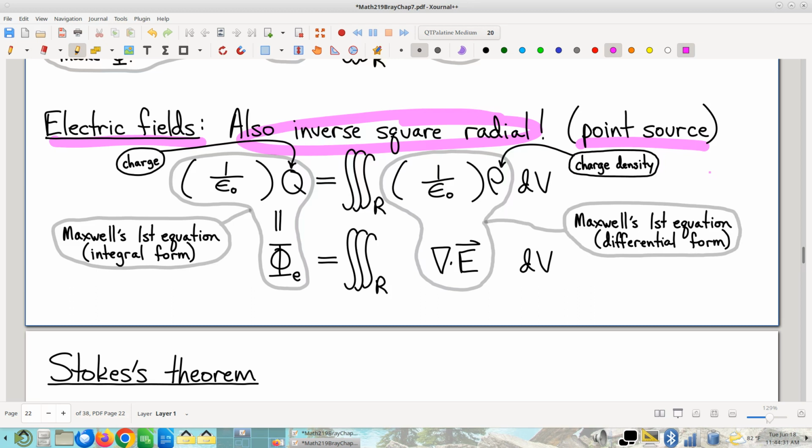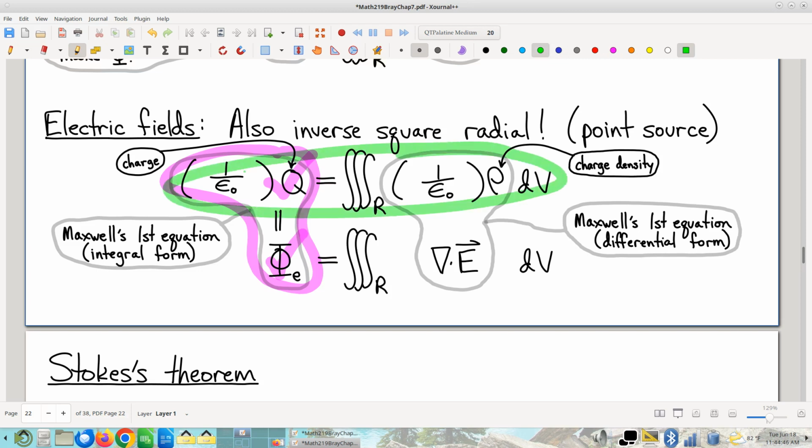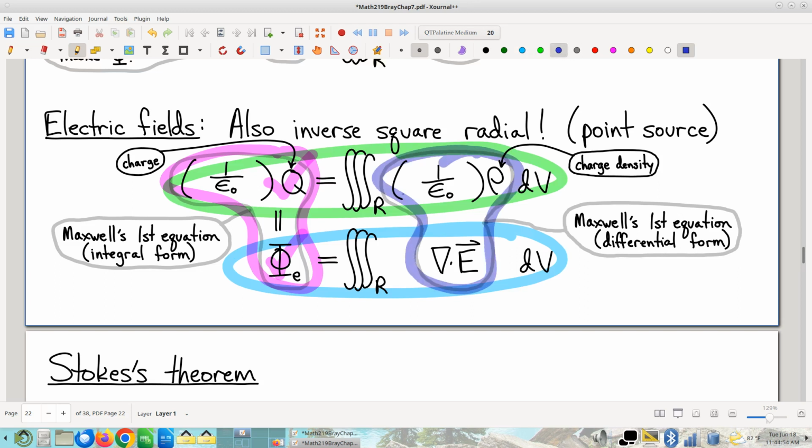But anyway, you can imagine electric fields as kind of representing a flow of little particles, and if charge creates these little particles, well, more charge means more particles means more flux, and charge is an integral of charge density, and Gauss's divergence theorem continues to be true, and so we get, again, this powerful result here.